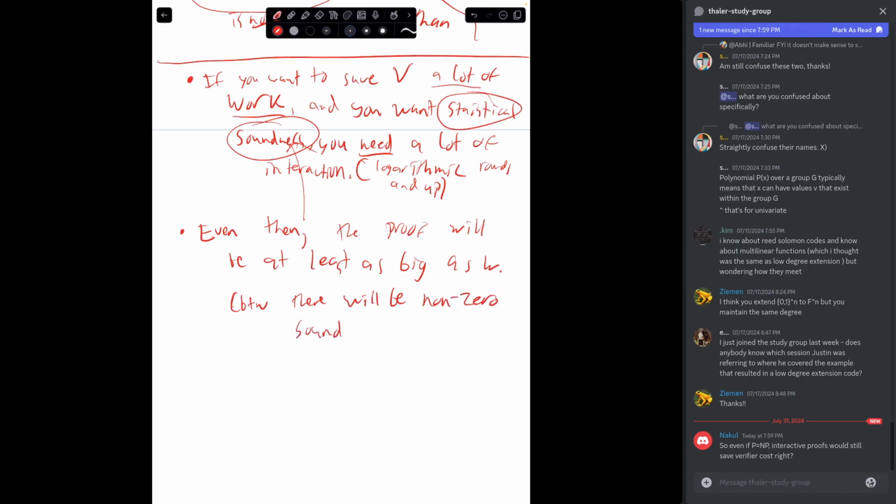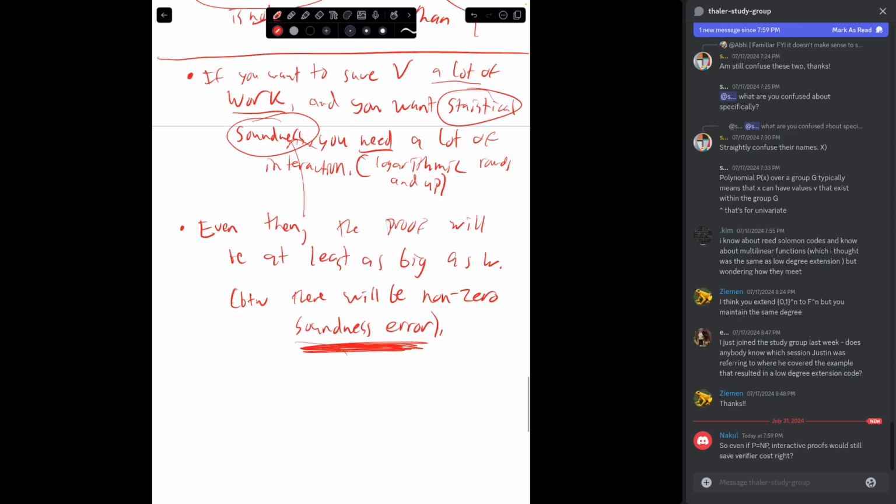So you can make it cryptographically small, but not zero. And so no matter how much interaction you allow, if you insist that the soundness error is literally zero, that an adversary has absolutely no hope of convincing the verifier to accept, no matter how lucky it gets, you will never do better than the trivial proof system where the prover just sends the witness to the verifier.